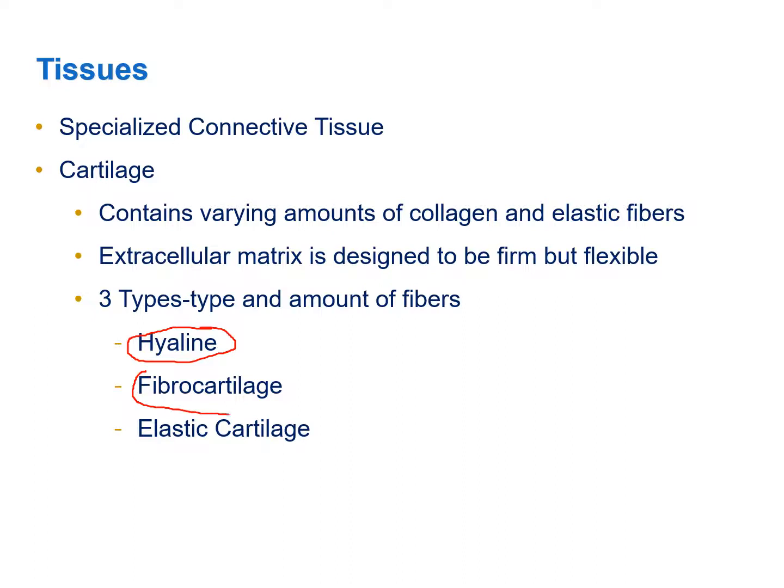This is very tough cartilage that you find between your pelvis, like your pubic symphysis, which you may not know just yet, and you also find it between the vertebrae, that cartilaginous pad. And you also have elastic cartilage, which, as the word suggests, is highly flexible, and you would find it in your ears or your nose.